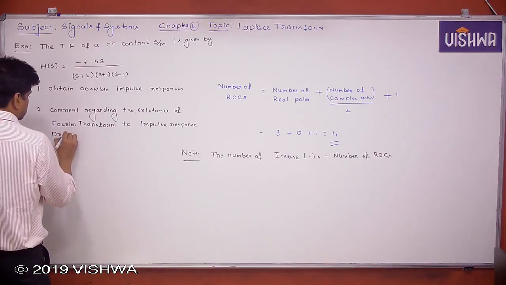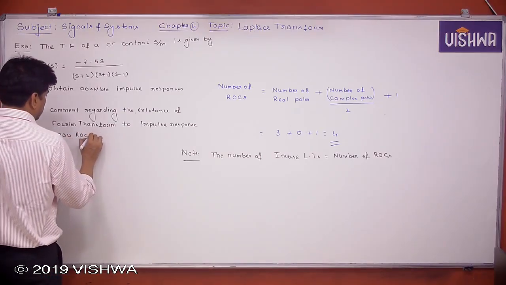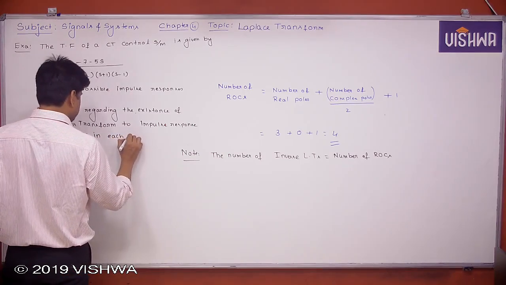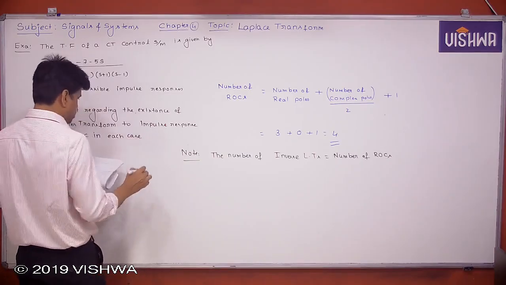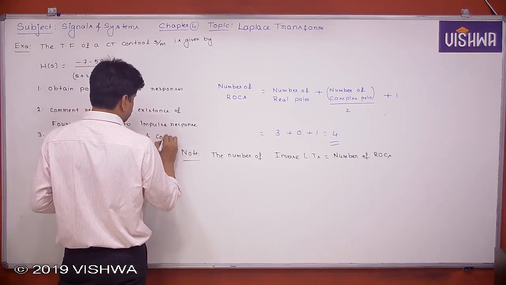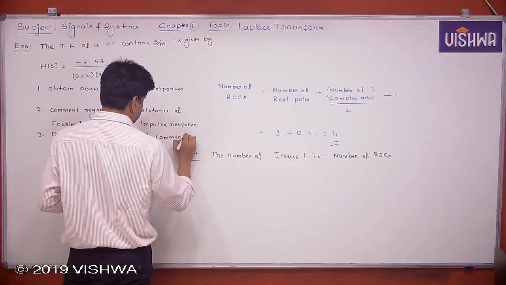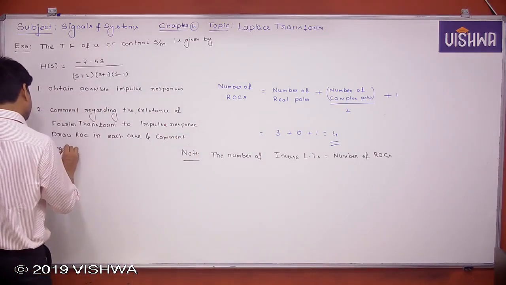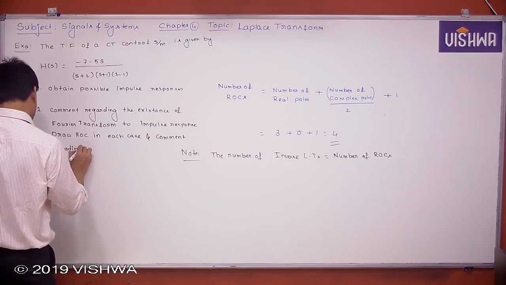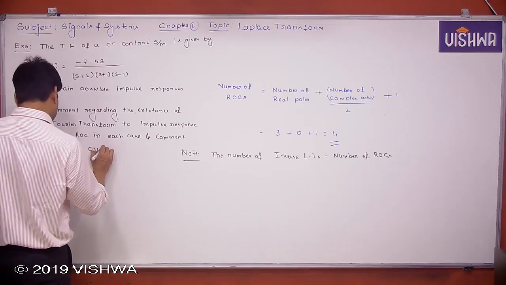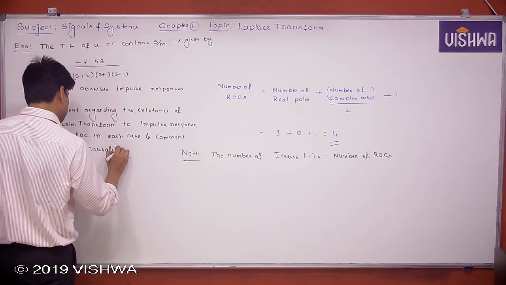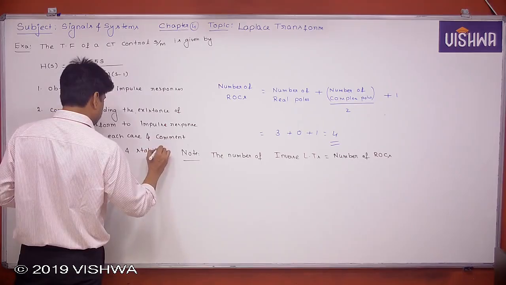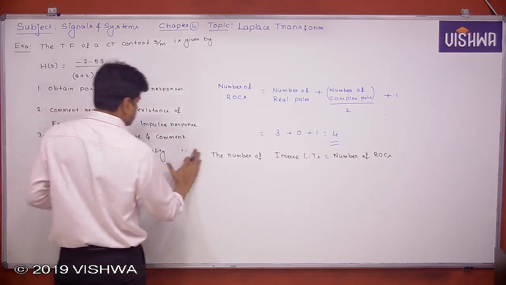Third question: draw the ROC in each case and comment regarding causality and stability of the system.